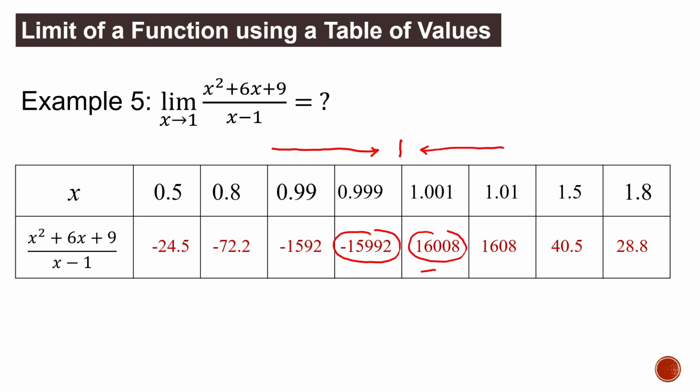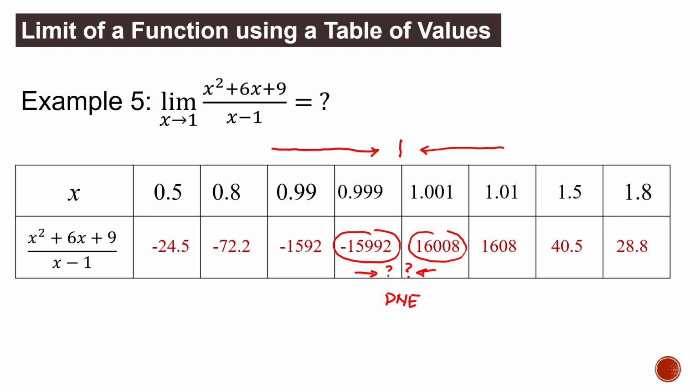That's the question. We don't know because that's big. If you look at the numbers, negative 24.5, then it becomes negative 72.2, and then negative 1,592, and then negative 15,908. Those are big jumps among those numbers, also on the right side. So that's going to be a question mark, right? If that's the case, the limit does not exist.